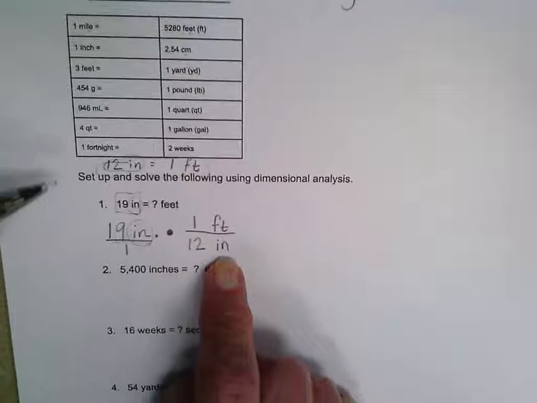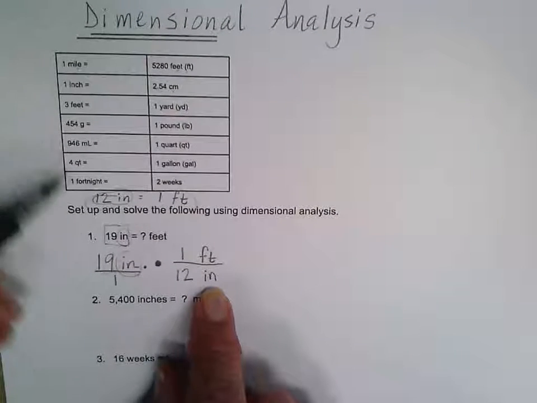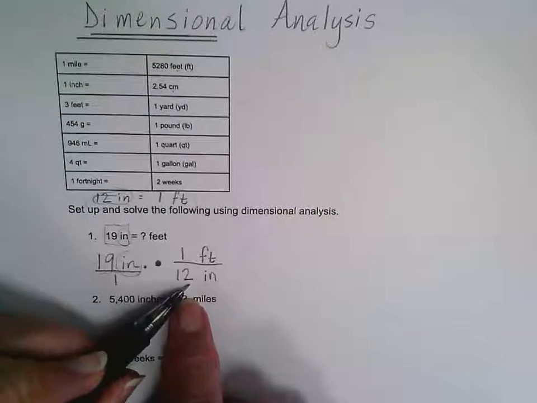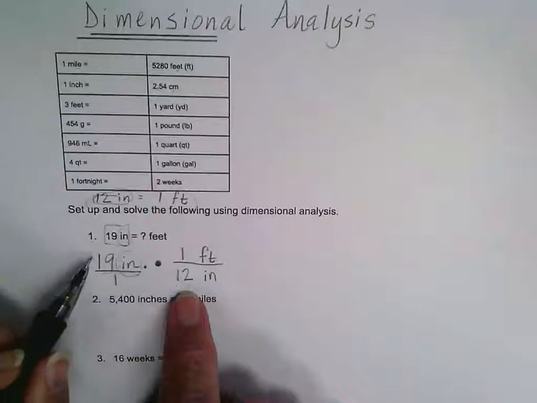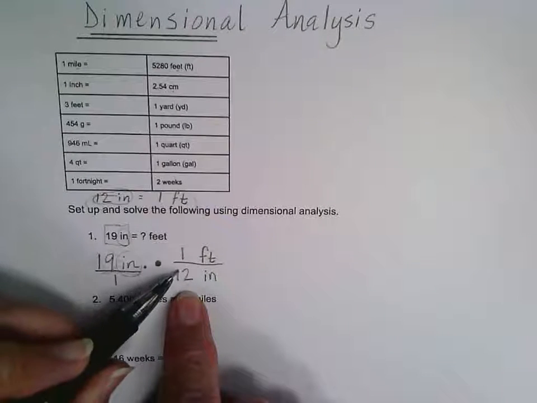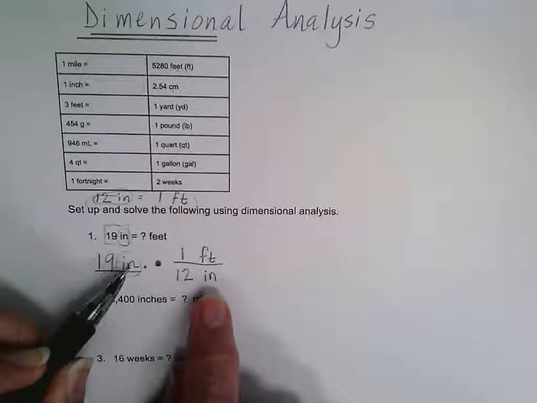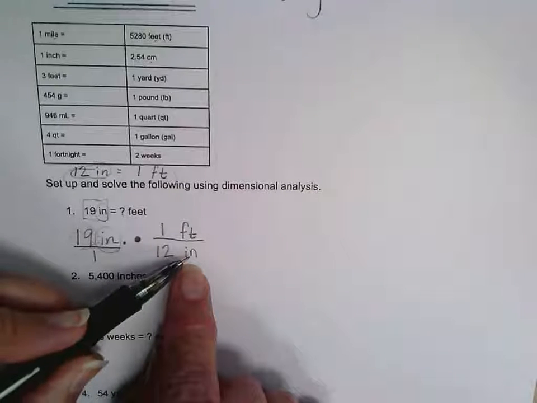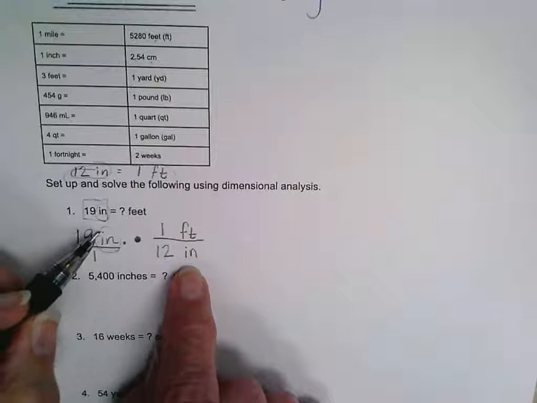The reason I'm going to do this is because in dimensional analysis, not only can I look at cross-canceling numbers, if that works out, and in this case it doesn't with 12 and 19, they don't have any common factors, but I can also cross-cancel my labels, my units that I'm measuring in.